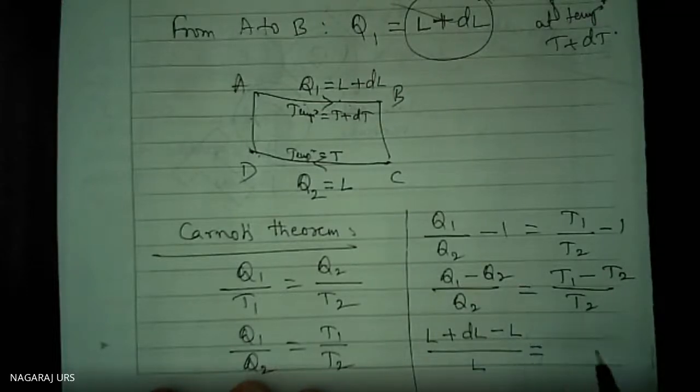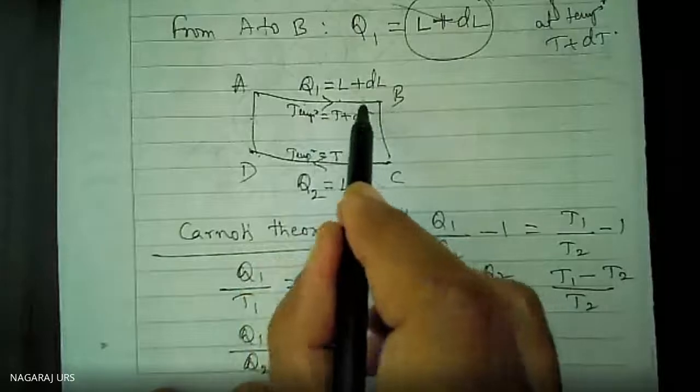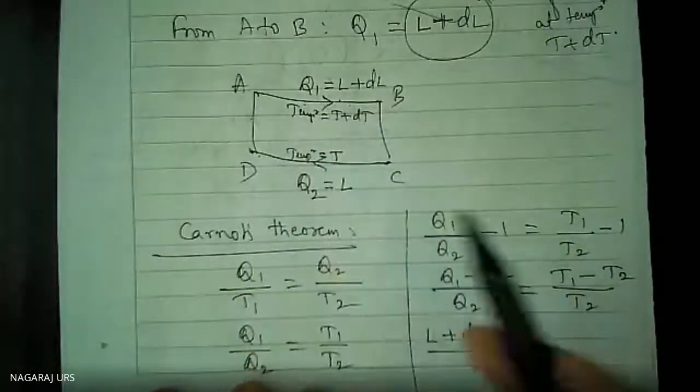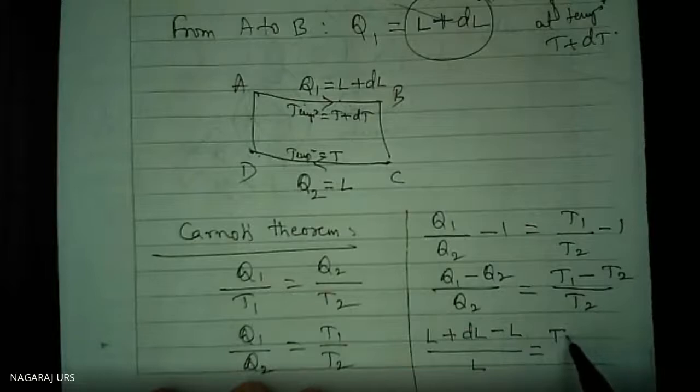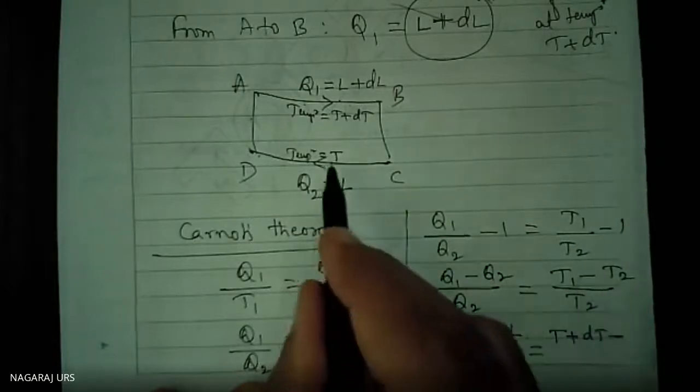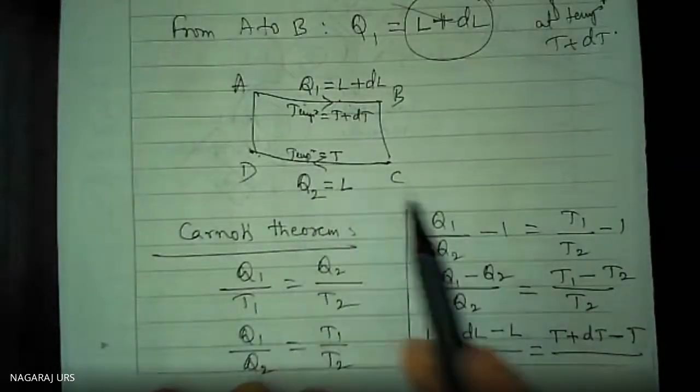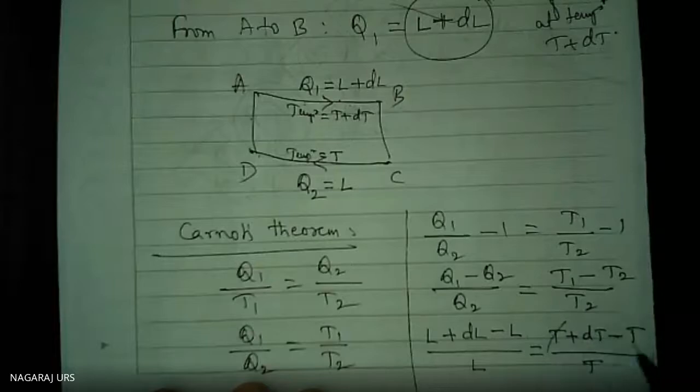That is equal to T1 value, which is T plus dt, minus T2, which is T, divided by T2 value, which is T. T gets cancelled, L gets cancelled.